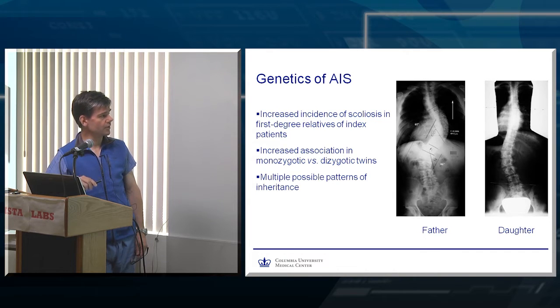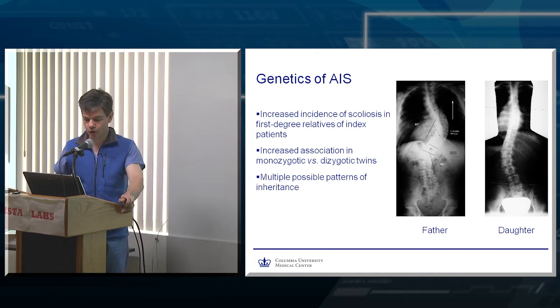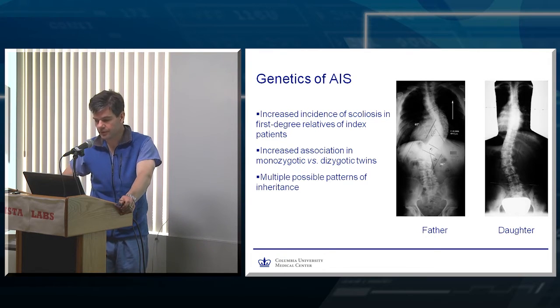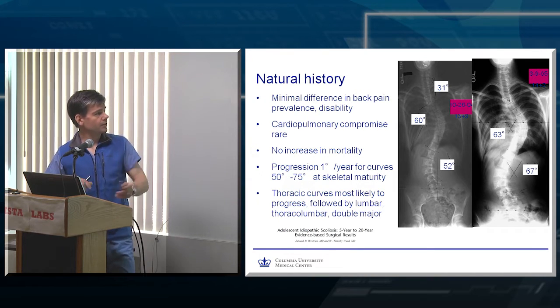Because there is a higher incidence. There is an increased association in monozygotic twins, and there are probably multiple patterns of inheritance of a tendency toward AIS.